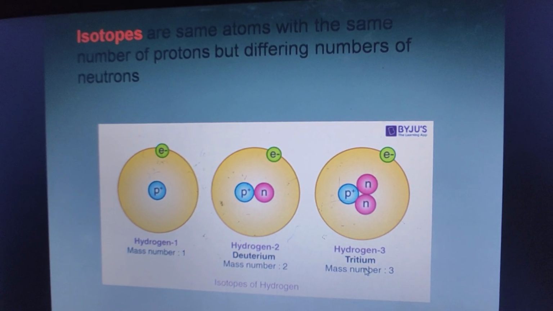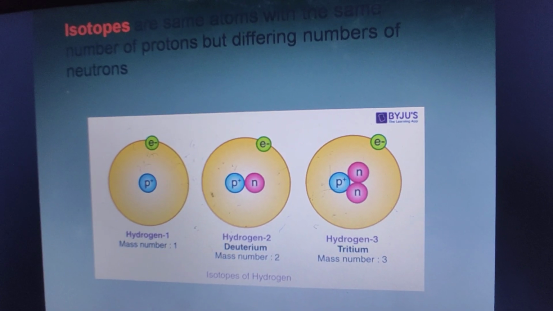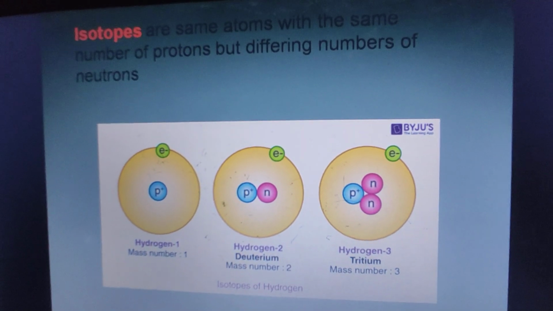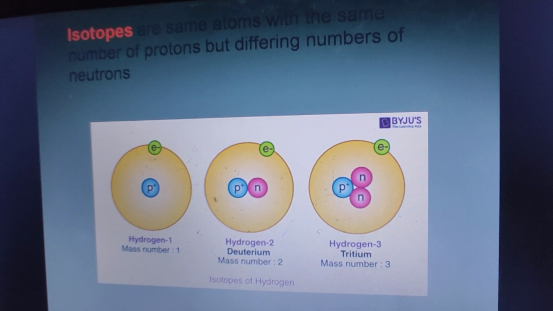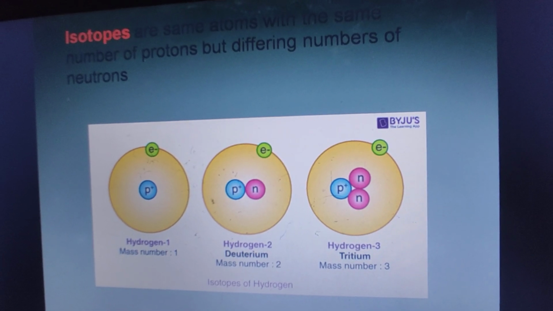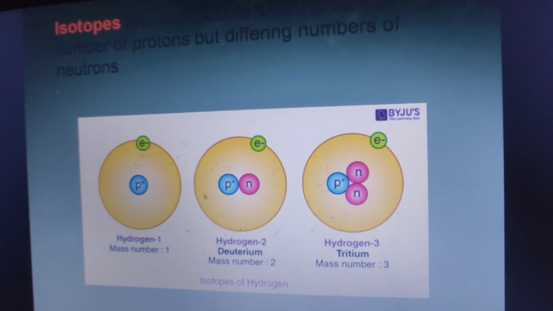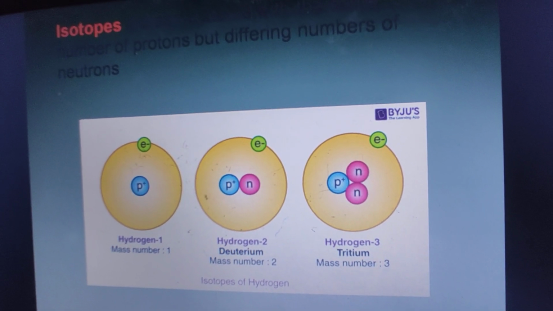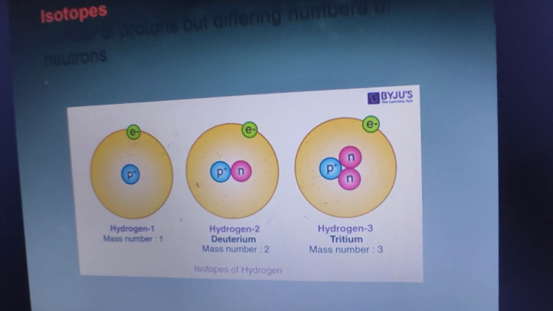So next, in this nuclear chemistry, we are going to deal with some of the important terminologies. First is isotope. Isotope you already know, the same atom with the same number of protons but different number of what? Neutrons. So if the number of neutrons is differing, you can also say in another way that atomic number is same but the atomic mass number is different.